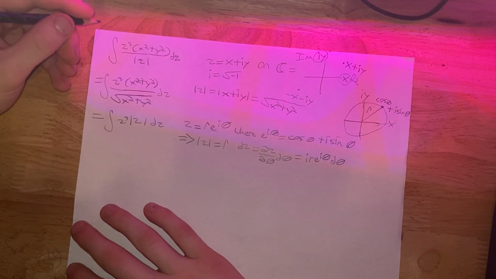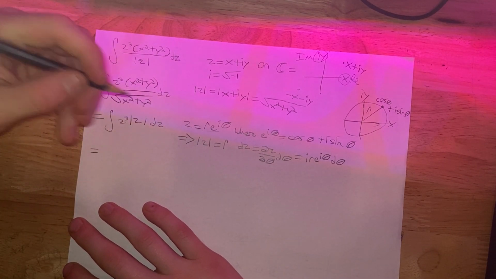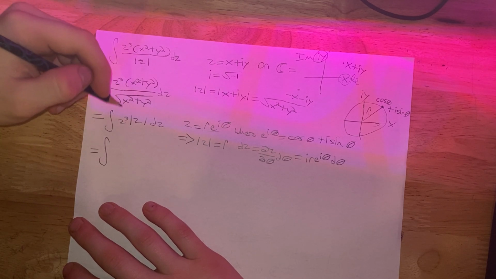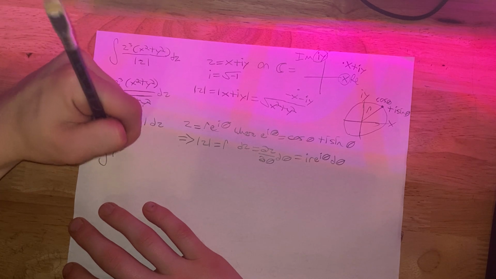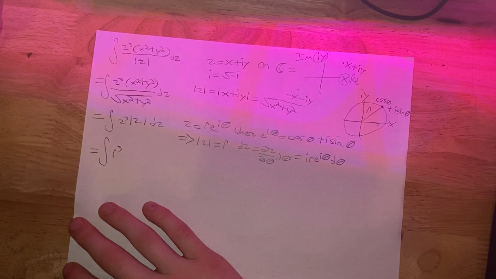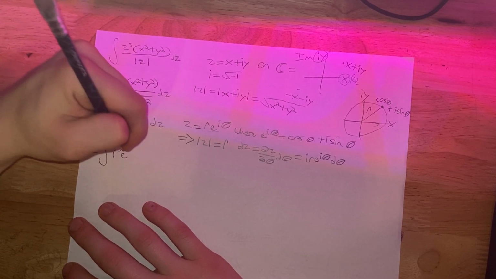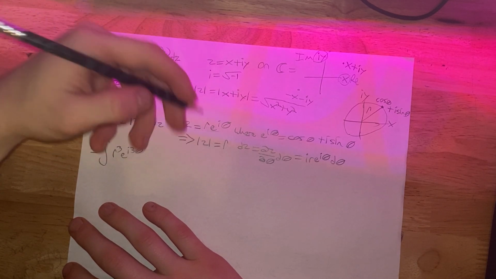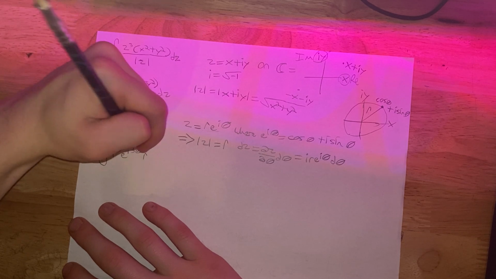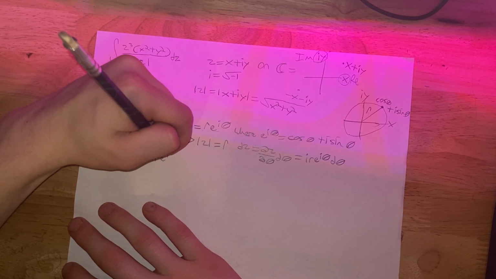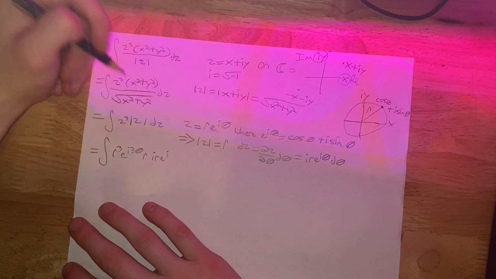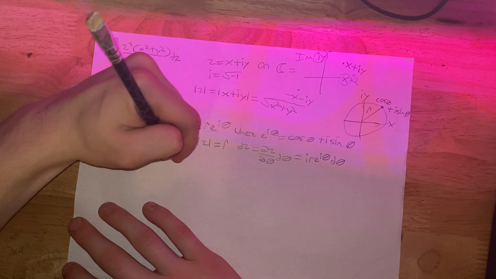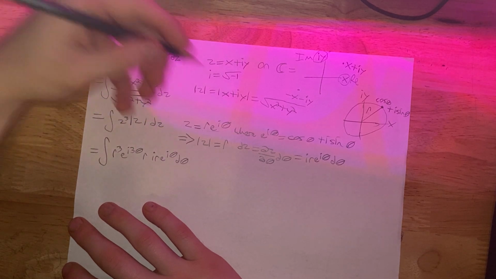So now we can just plug everything back into the integral. z cubed, so we distribute the exponent across this new formulation, which would be r cubed times e to the i 3 theta, times r, times i r e to the i theta. r is the absolute value of z. i r e to the i theta d theta is dz.